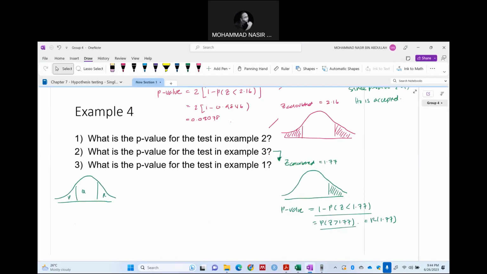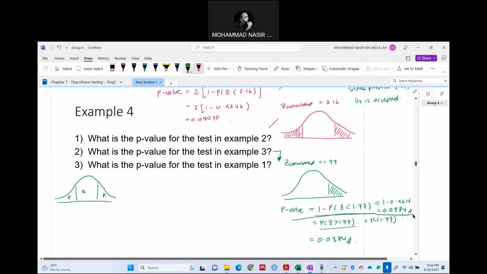So it should be 1 minus 0.9616. How much should it be? 0.0384. Okay? So this is equal to 0.0384 as well.